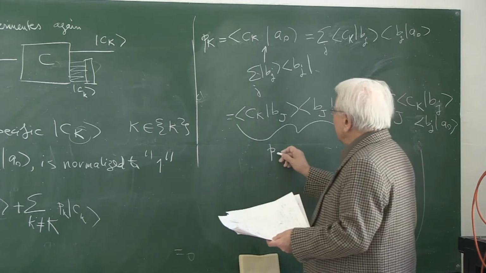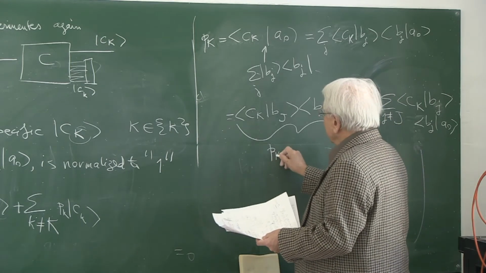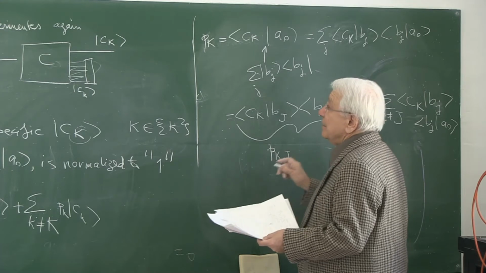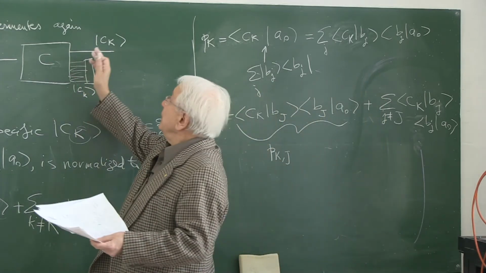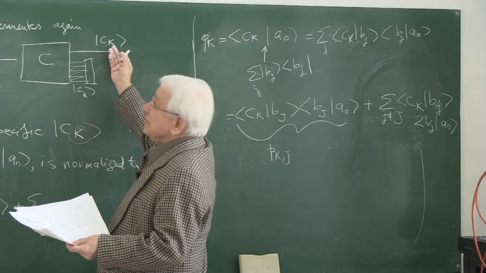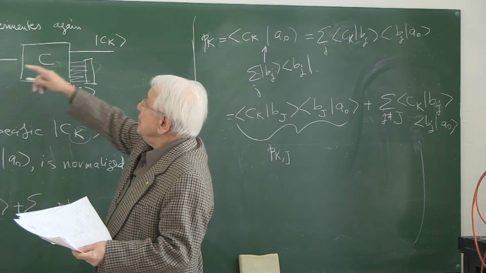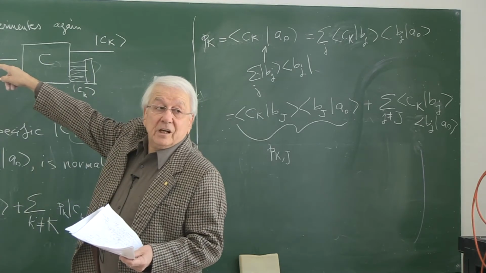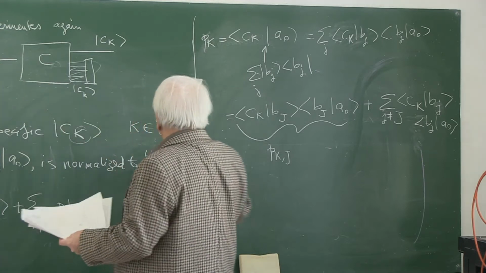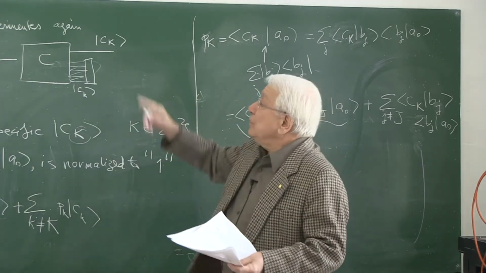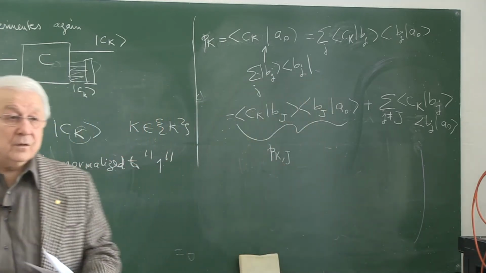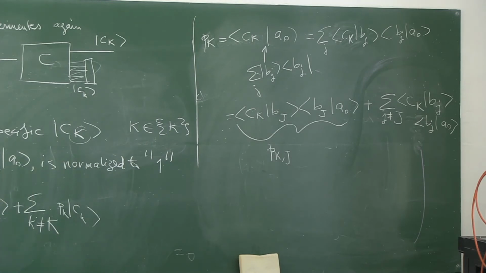So this is really K and J. That is, you filter to get the c_k out in the last step and capital B sub capital J in the middle. So this is really the weight corresponding to that picture, with the initial beam leaving A and entering into B normalized to unity. That's what I call p_kJ.